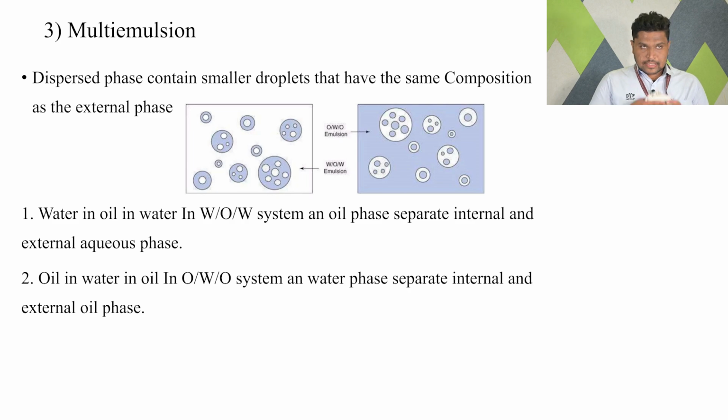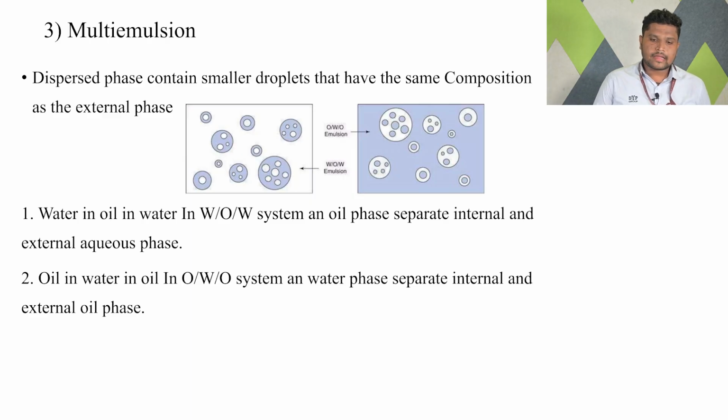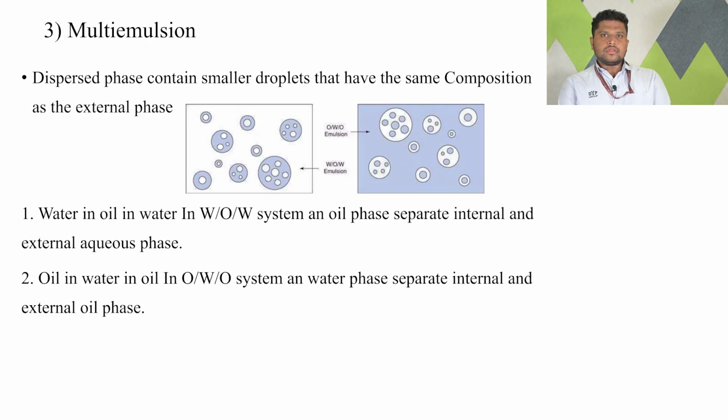Next is a multiple emulsion. In the multiple emulsion, the dispersed phase contains smaller droplets that have the same composition as the external phase. We earlier discussed the multiple emulsion in the classification. You can see clearly that there are two diagrams on your screen.